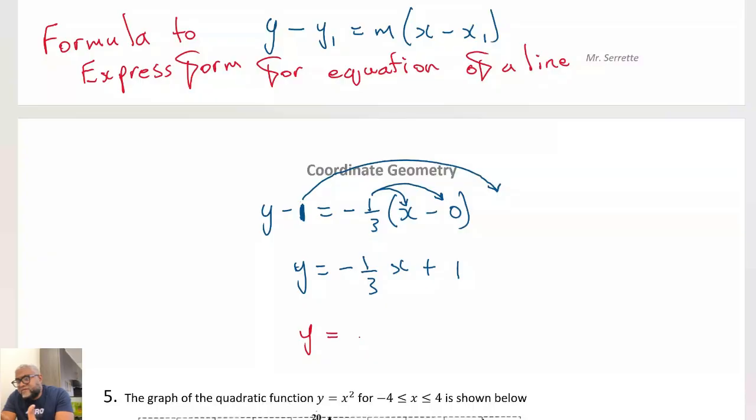Alex, what is the form for the equation of a line? Megan, what is the form for the equation of a line? mx plus c, sir. Ah, big up yourself, sister.